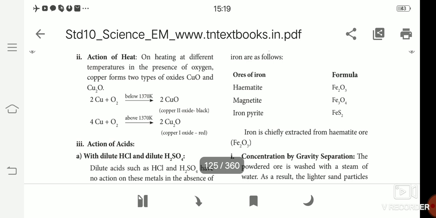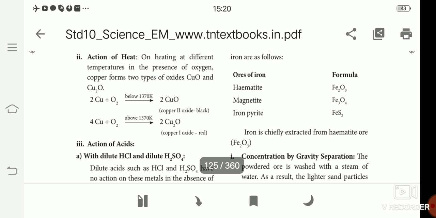Then the roasting and calcination process. In calcination, the ore is heated to a high temperature below the melting point of the metal, in the absence of air or a limited supply of air.